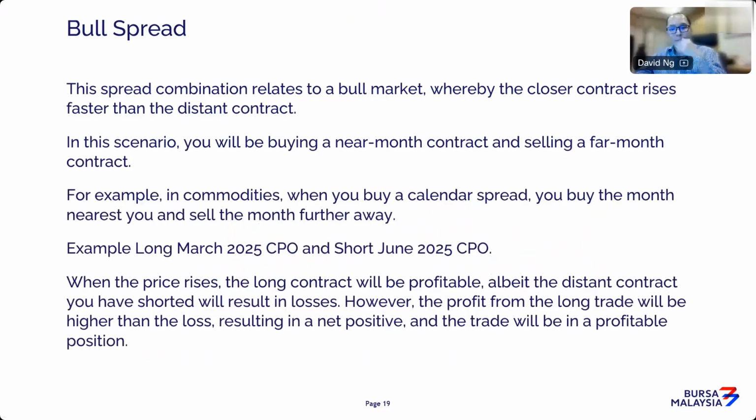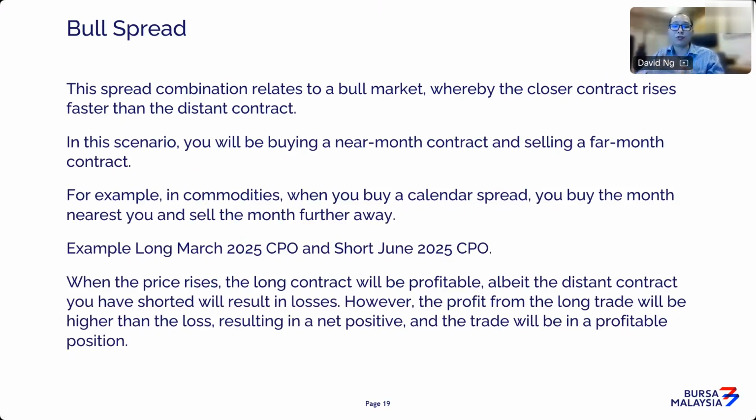Now, this is basically the definition of bull spread and bear spread. A bull spread is where you buy near-month contracts and sell far-month contracts. This usually happens when you are quite bullish on the near-month contracts. These markets usually behave such that, for example, near-month supply is getting tight, demand is very strong, and prices are going up.